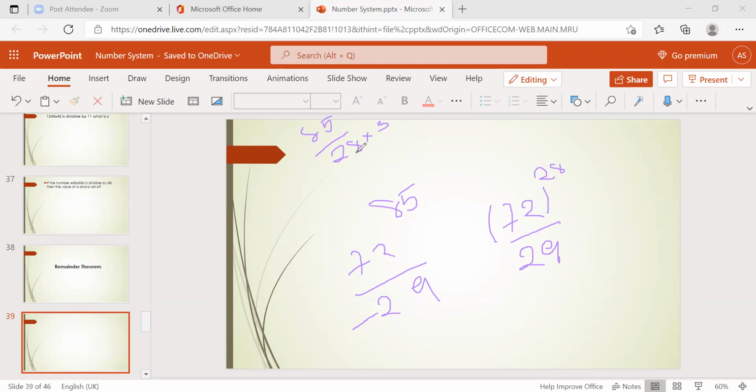So it's whole power 3 into 72. So the remainder is 72, and here this will become remainder 1. We already discussed this.